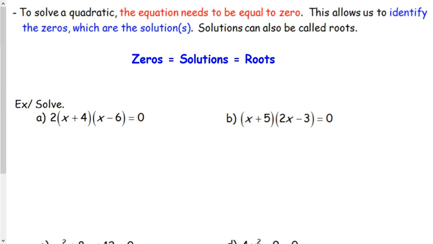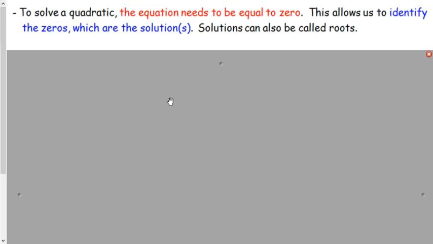Okay, so let's look at our big idea here. When we're solving a quadratic, if we want to figure out what x equals in our quadratic equation, what are the possibilities that we could have? The equation needs to be equal to 0. So this is a really important point. You'll notice in the previous examples we always had the equation equal to 0. That's going to allow us to identify the zeros, which are the solutions to the equation.